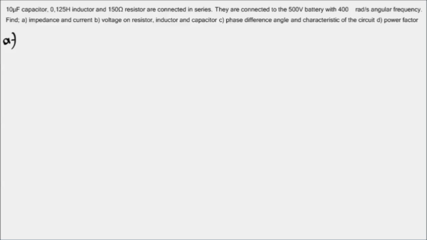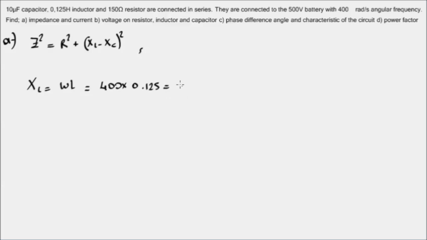To calculate impedance, Z squared equals R squared plus (XL minus XC) squared. I have to calculate XL and XC. XL equals omega L. Omega is 400 times L, which is 0.125, so it's going to be 50 ohm.